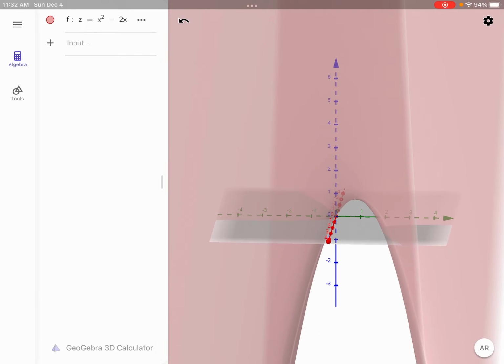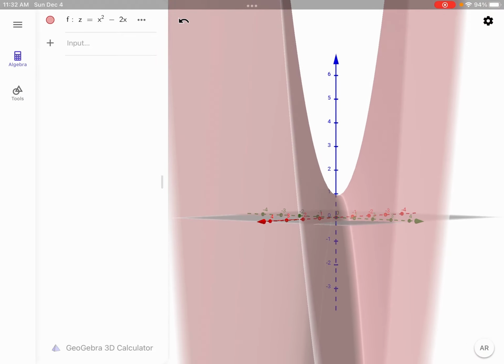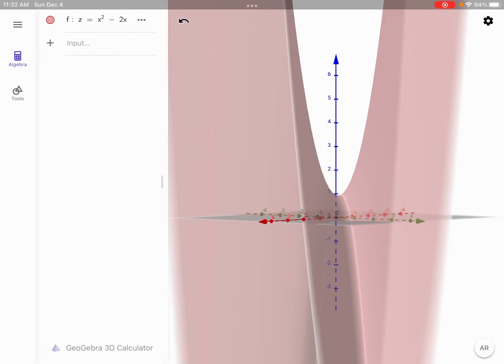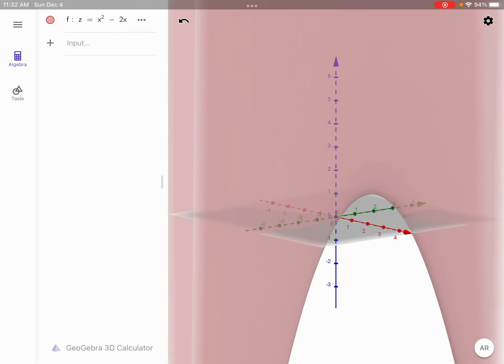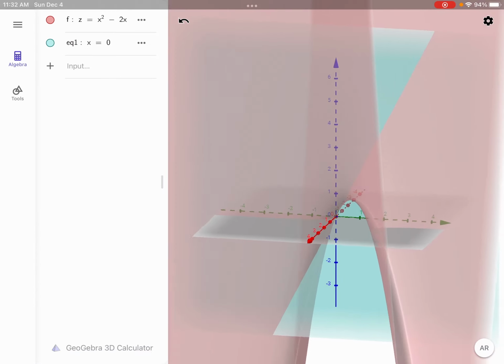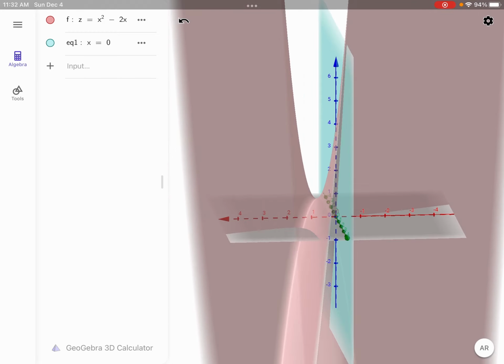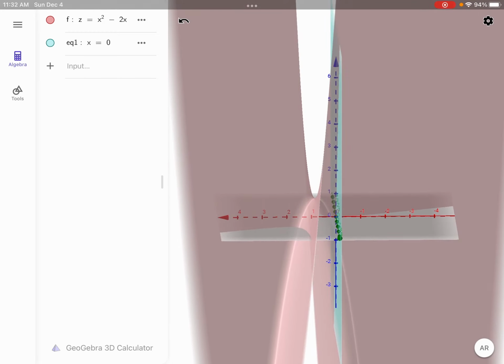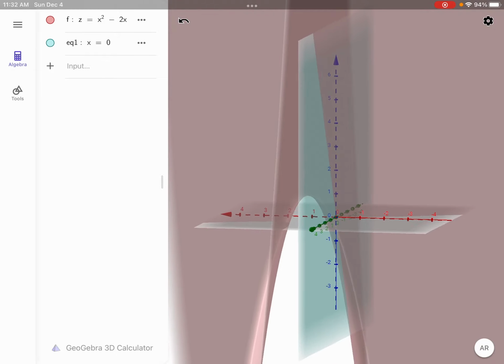All right, so we're going to try to check the boundaries, x equals 0 and x equals 3. So I think if I put a plane here of x equals 0, basically I'm looking for where that plane intersects my graph. So see it, x equals 0 is along the green line.